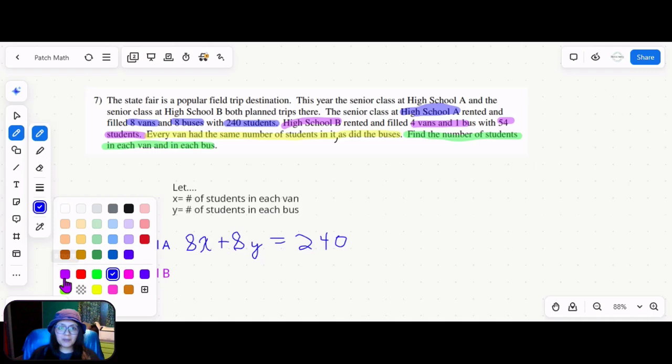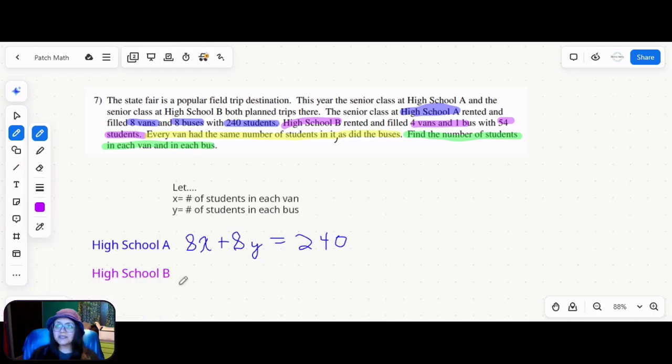We are going to replicate that exact same process with high school B. In this case, we have 4 vans containing X students, and in mathematics "and" means addition, 1 bus with Y students. If we find that sum, the total will be 54.